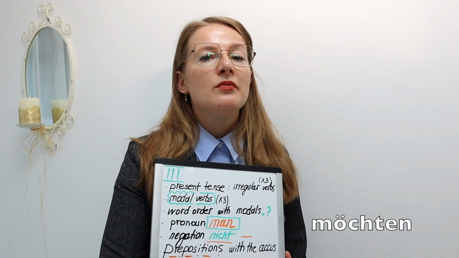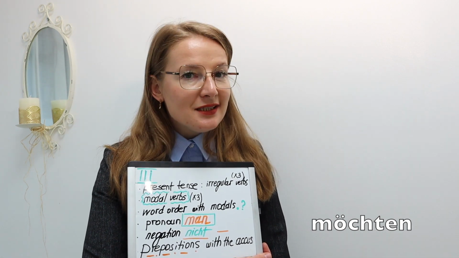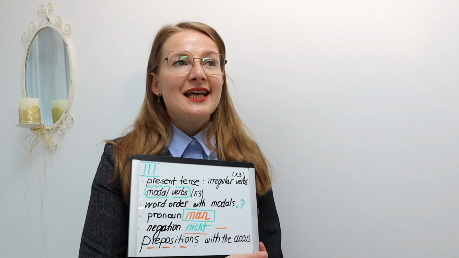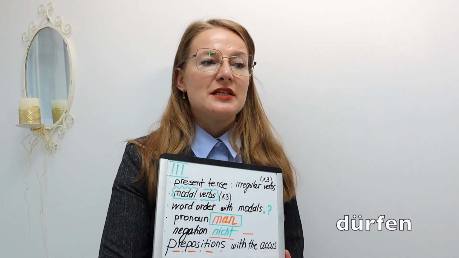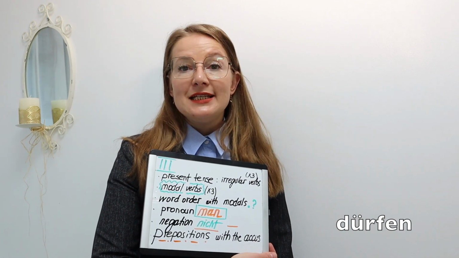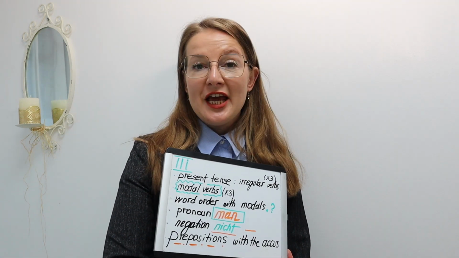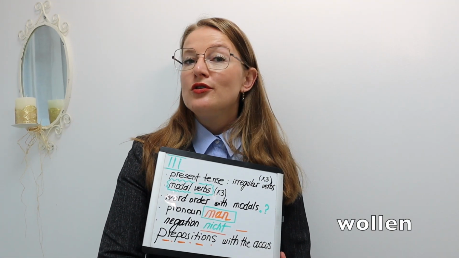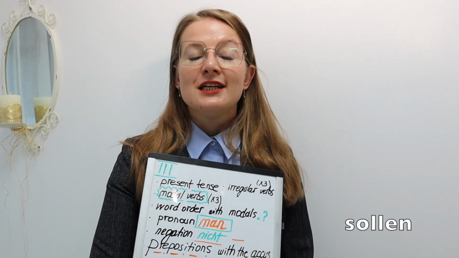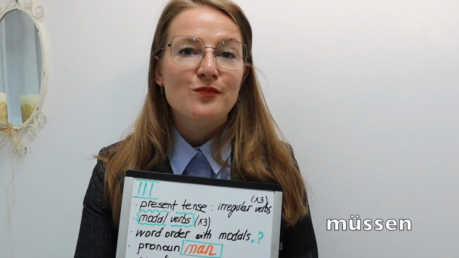So the super polite form for want to, right? I'd like a cup of tea or coffee, please, right? And then we've had dürfen, which expresses permission or prohibition, right? Ich darf gehen, I may go, if you remember. Today we'll learn wollen, which is want to, sollen, which is ought to, and müssen, which is have to.